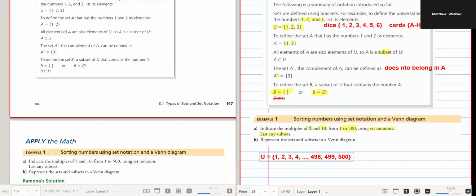Now that said, I want to indicate these multiples of 5 to 100. So first off, let's put this into a set notation here, right? So this universal set here is equal to any digit. I'm going to use X here to represent that. Any digit. Solid line. That's equal or greater than 1, but smaller than or equal to 500.